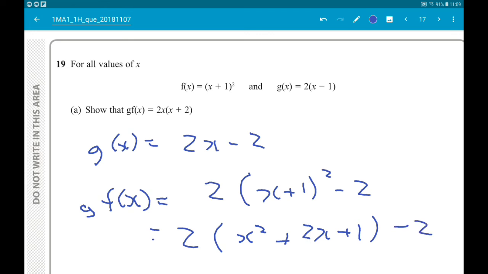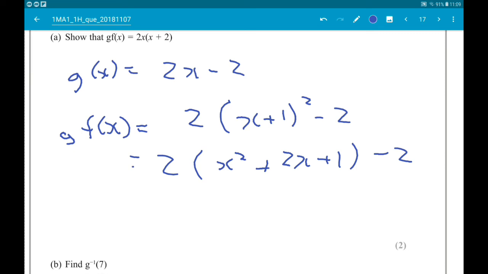Now if we expand, we have 2x squared add 4x add 2 minus 2. So the add 2 minus 2 cancel out, so let's get rid of those.